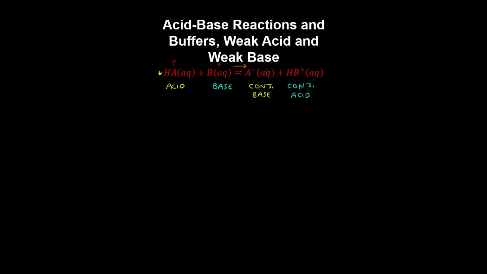And to determine if the solution is acidic or basic, what you do is obtain the base dissociation constant and the acid dissociation constant. So for example, A minus being a conjugate base would accept a proton from water to yield an acid and hydroxide.